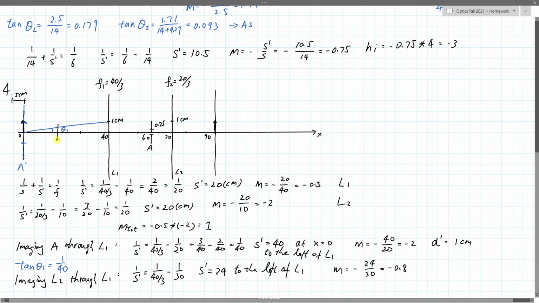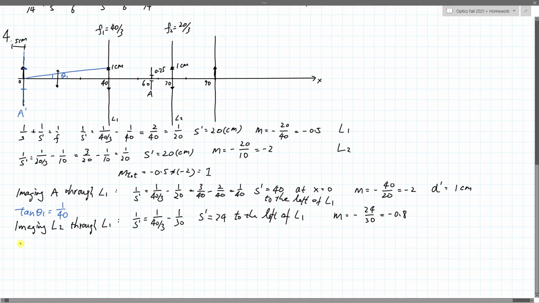It is a real image, so that's okay if I drew it with solid. So let's also add some arrowheads to limit the size of these lenses. Okay, so that's that, and apparently that angle is less, but we should calculate it.